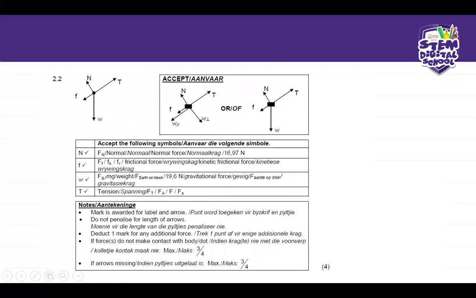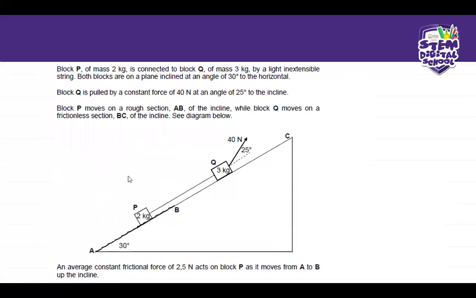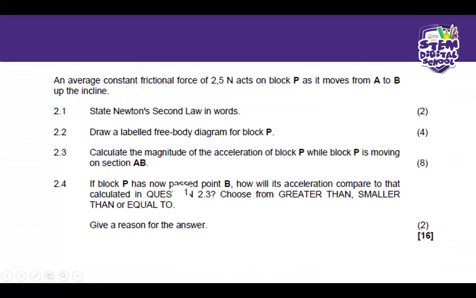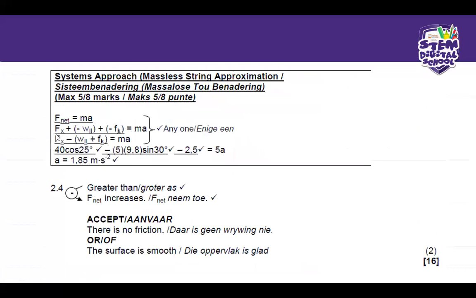And then we're going to have the one due to gravity, our gravitational force. Remember, as I said, both blocks are on a plane inclined at an angle of 30 degrees. So at this angle, we have our gravitational force here, 9.8 times sine 30, because we're using the parallel component, not the perpendicular component.